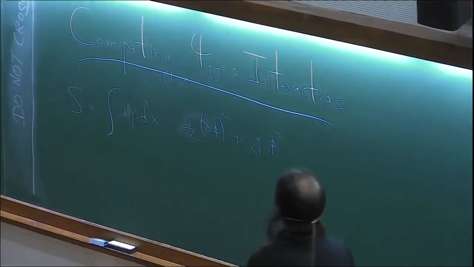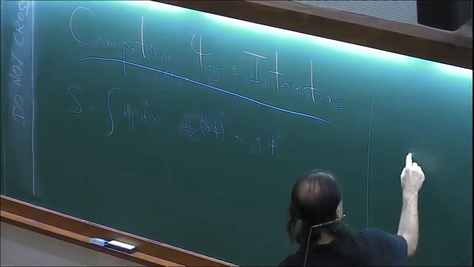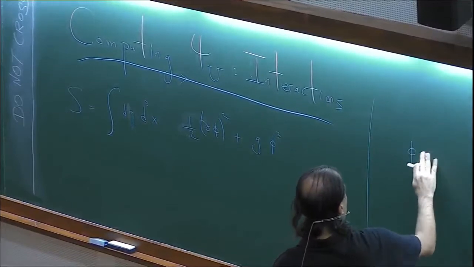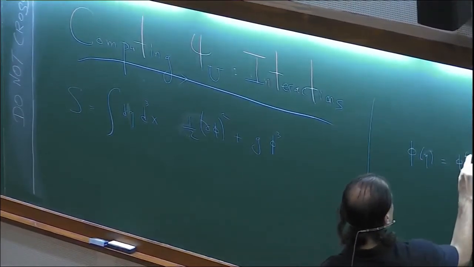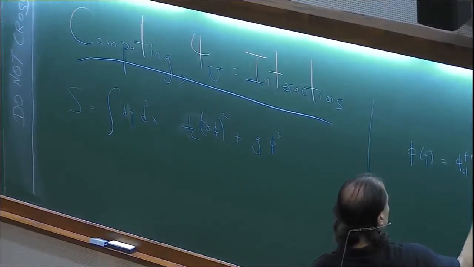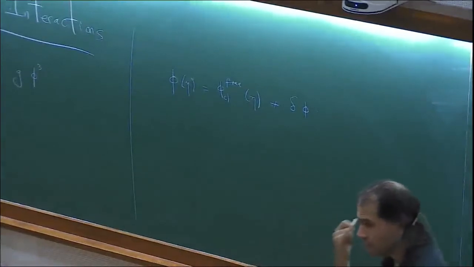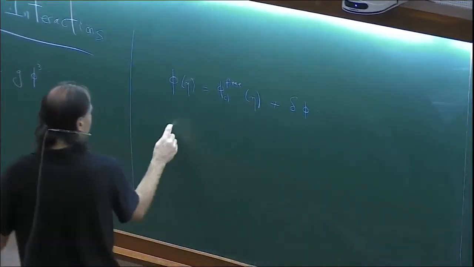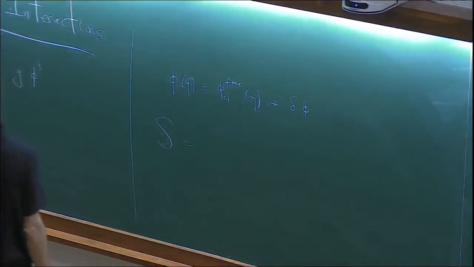Okay. So the first thing we're going to do is expand phi as that free phi classical that we had before, plus some interaction delta phi. And so what's the first thing that's going to happen? Then S is just going to equal, so I'm just expanding this out, right?